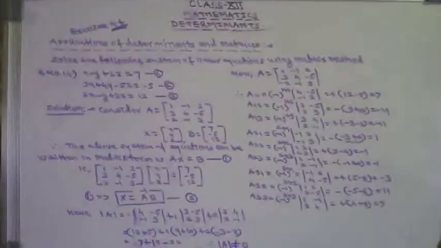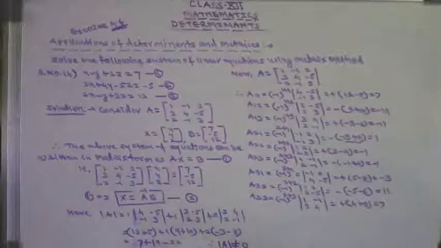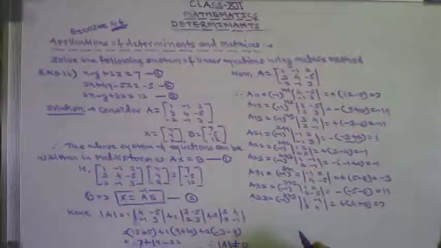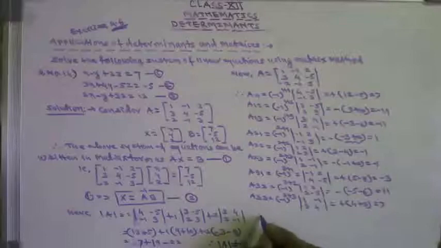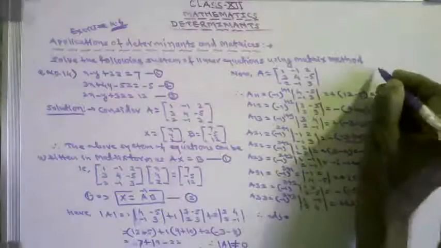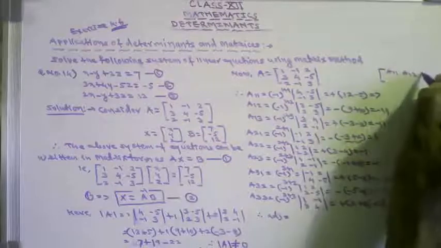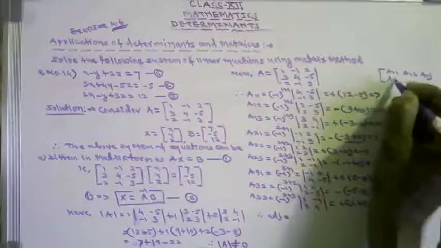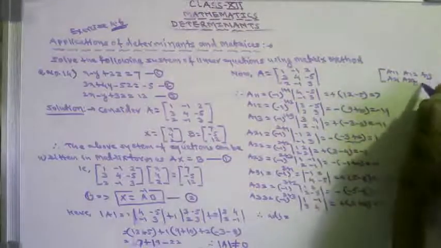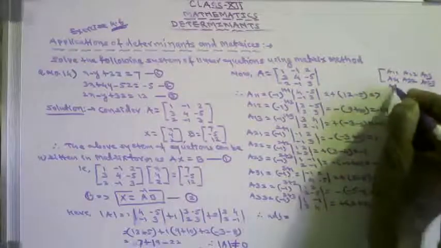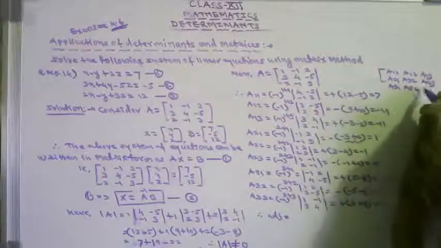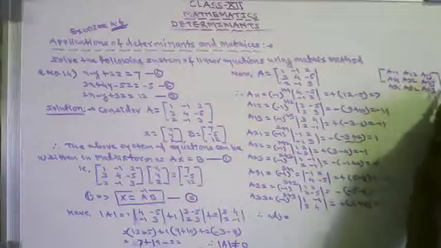So in this way, first of all you find all the cofactors, and we know that adjoint is equal to A11 A12 A13 A21 A22 A23 A31 A32 A33 and its transpose.